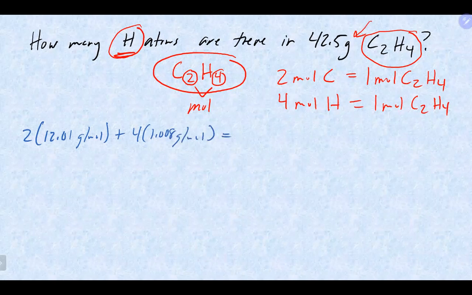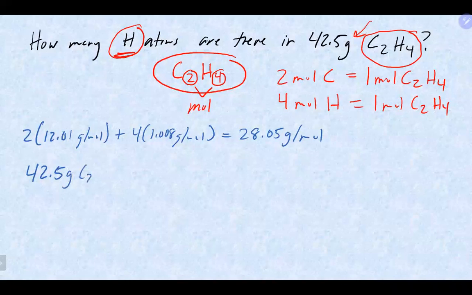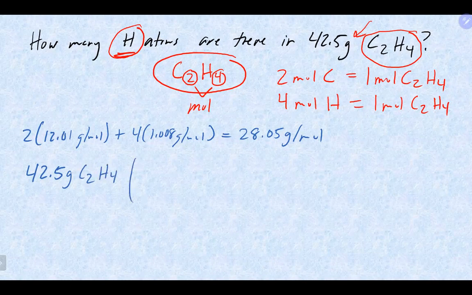And that is going to give us a molar mass of, we saw earlier, I think, 28.05. So the first thing that we would want to do is take the grams of the whole thing and convert them into moles, just like a normal molar mass calculation. And again, here grams will go on the bottom so that they cancel.